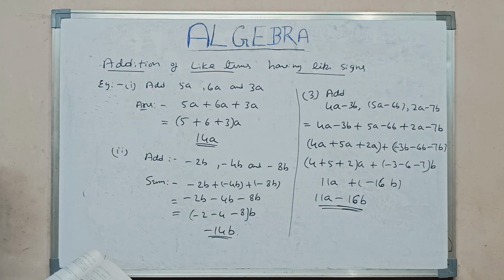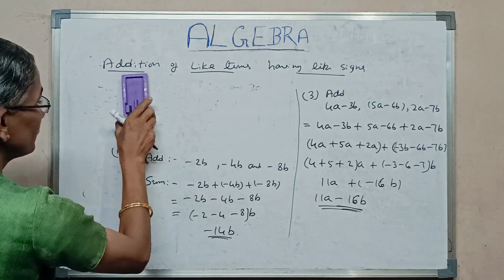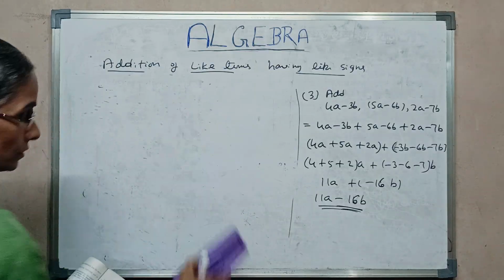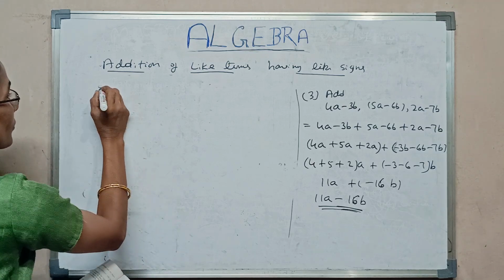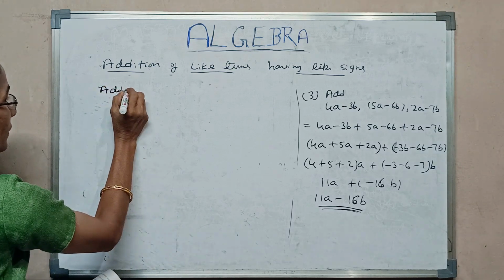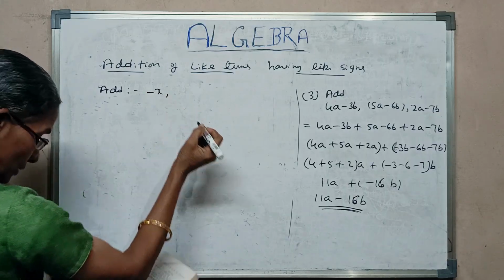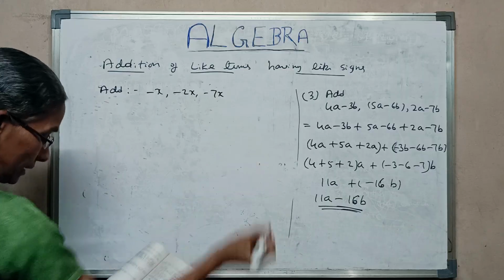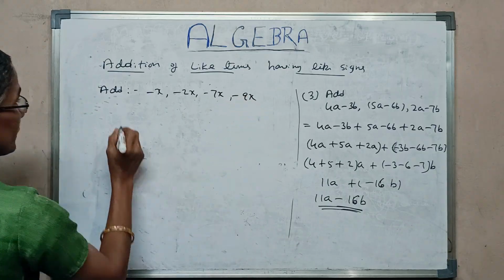Next, fourth question. Add minus x, minus 2x, minus 7x, minus 9x.